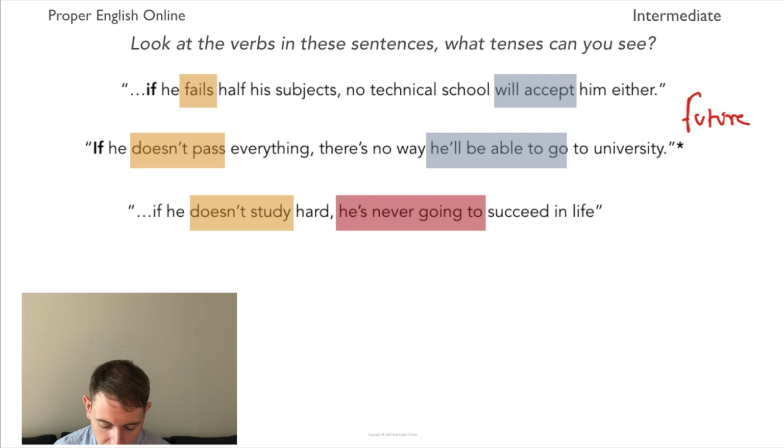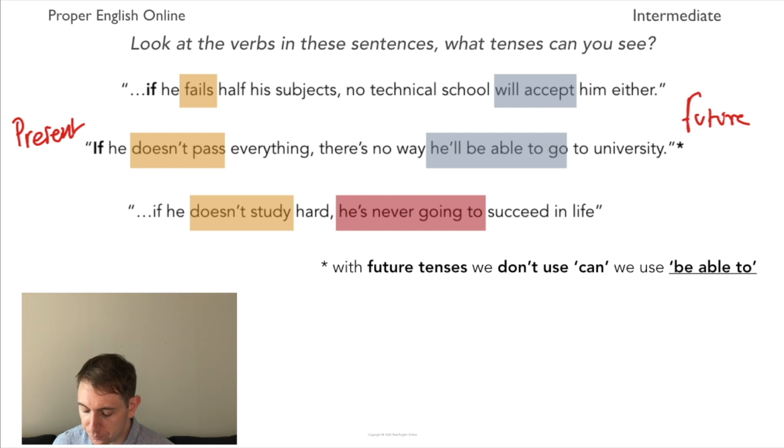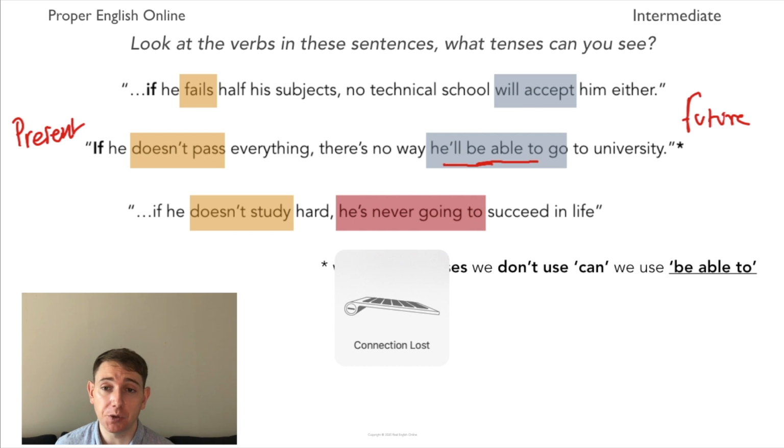These ones here are all present tenses. So for these if sentences, one part is present, one part is future. So one small thing here, notice here we've got he'll be able to. That's because in future tenses we don't use can. We use be able to, will be able to, or going to be able to.